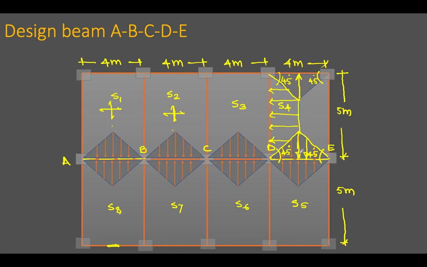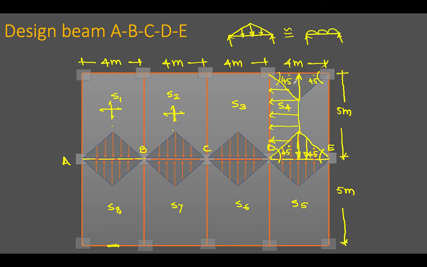But as we know, when we have to design a beam, we have to consider that our beam is subjected to uniformly distributed load. See, I am now randomly considering a single span. The beam is actually subjected to triangular load, but we have to consider it as equivalent to uniformly distributed load.